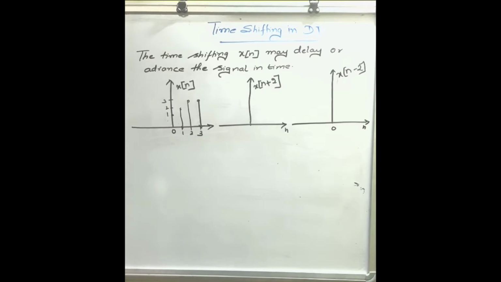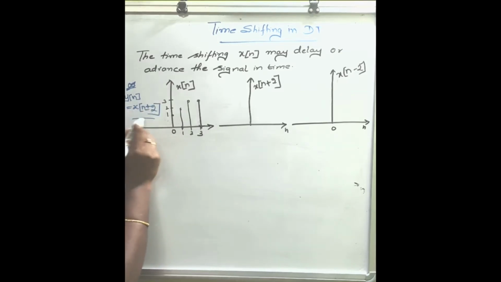Time shifting in discrete time signals. The time shifting of x of n may delay or advance a signal in time. The first is the original signal. We are going to see an example of y of n is equal to x of n plus or minus 2.